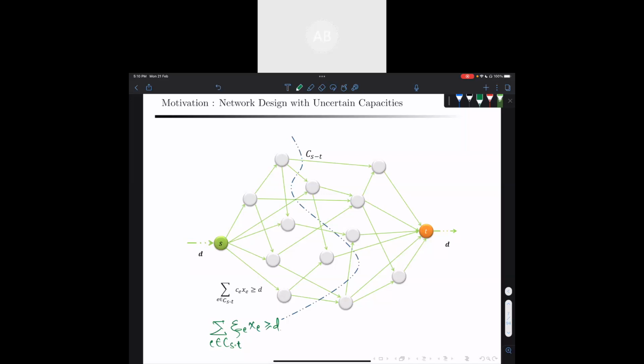If these psi's, that is the capacities on these edges, are not deterministic, then this set in general does not define a deterministic set. So how do we even optimize over it? That's a fair argument, and that is what we are going to see.